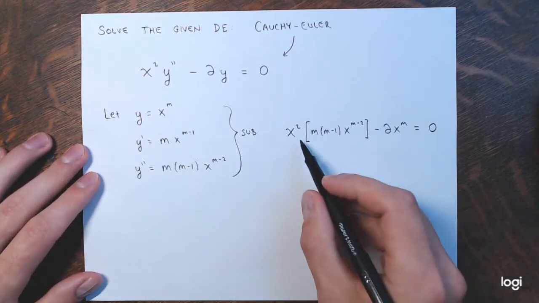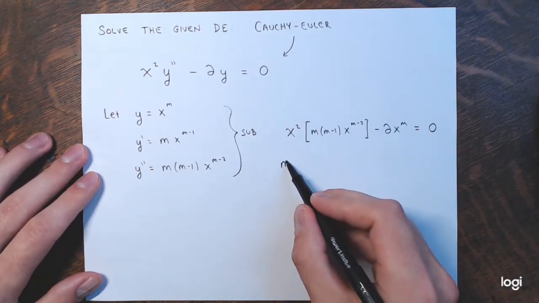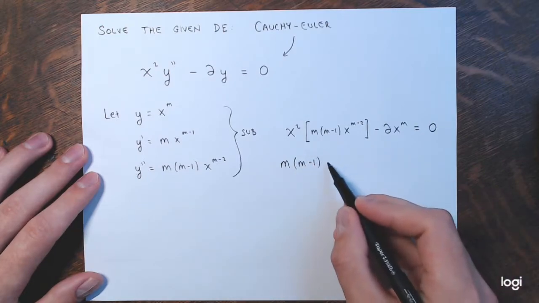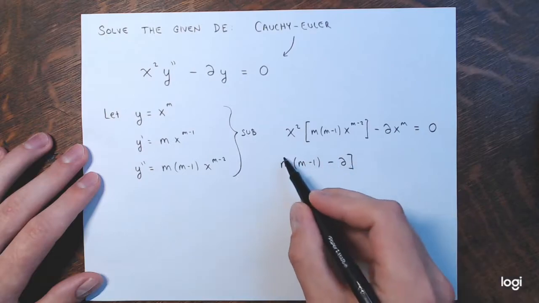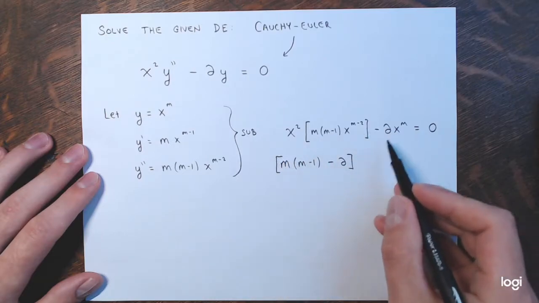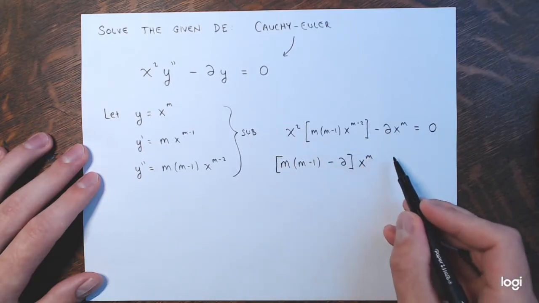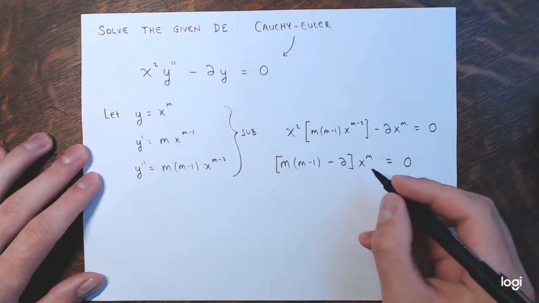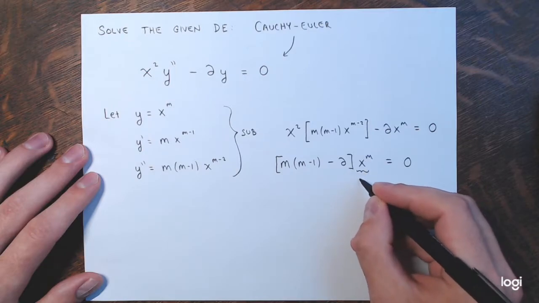All right. And then what we get here is m times m minus 1, then minus 2, right? And both of these terms would have x to the mth power in common. Well, x to the mth power is just y.